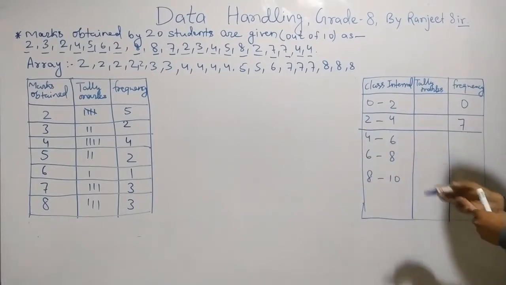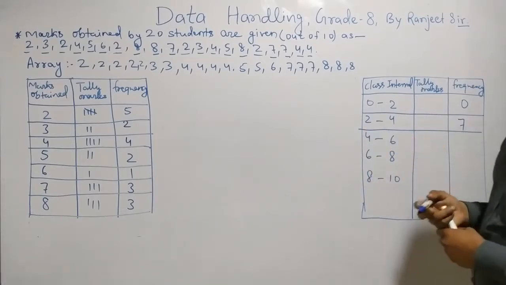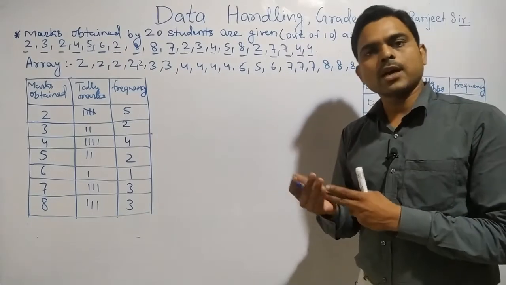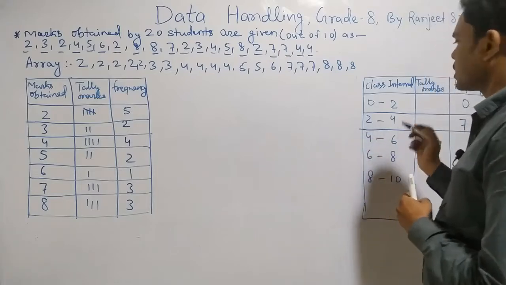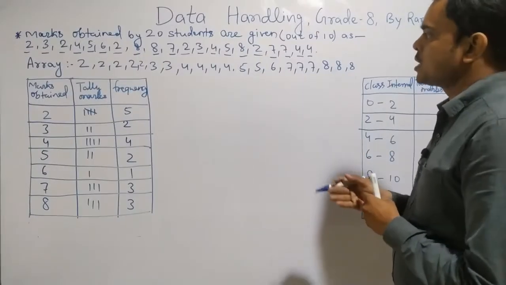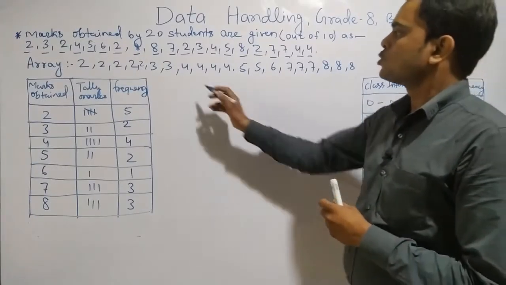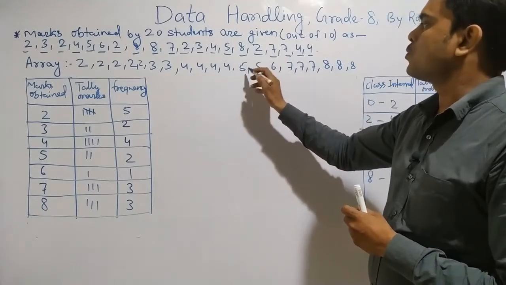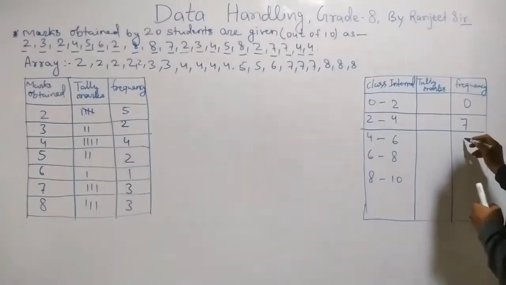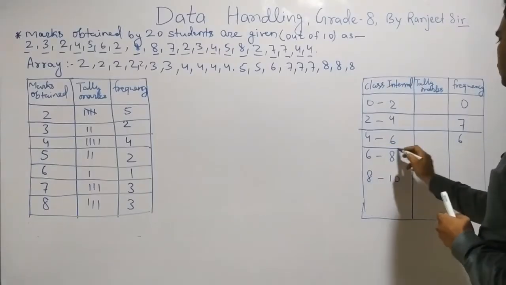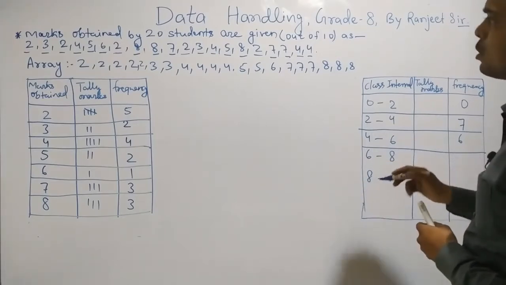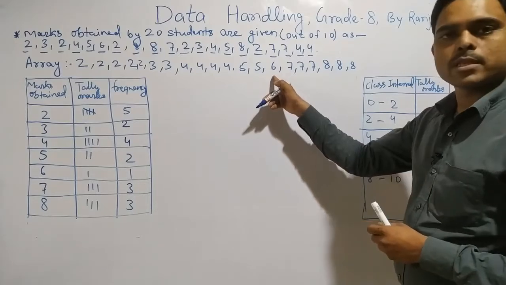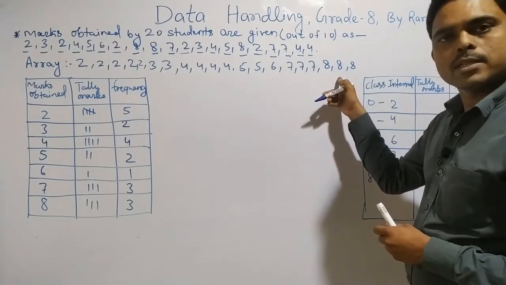Now the next one is 4 to 6. In 4 to 6, we'll start counting from 4 but will not count 6, going only till less than 6. So 1, 2, 3, 4, 5, 6 are there, so we'll write 6 here. Now the next one is 6 to 8, from 6 but will not consider 8.